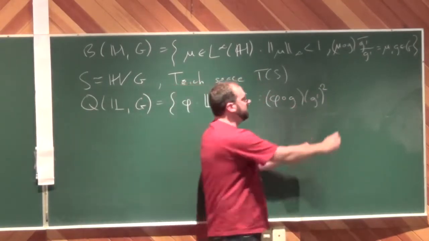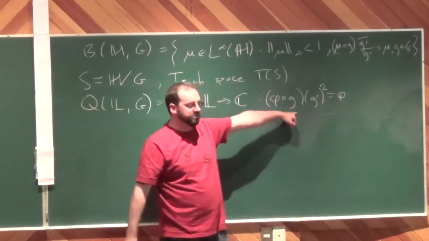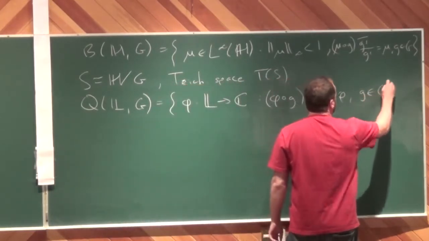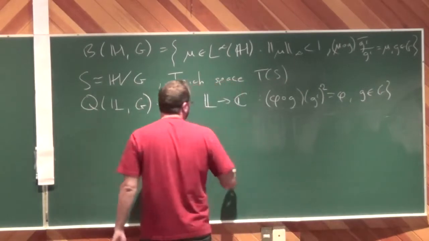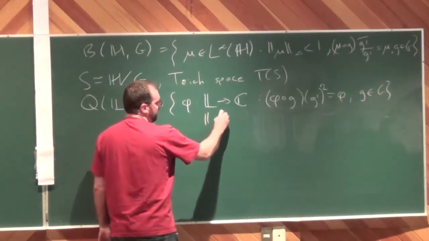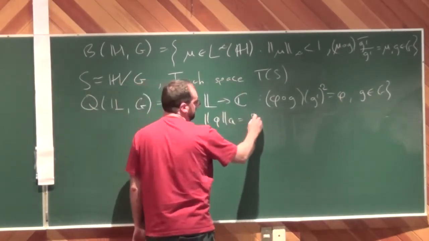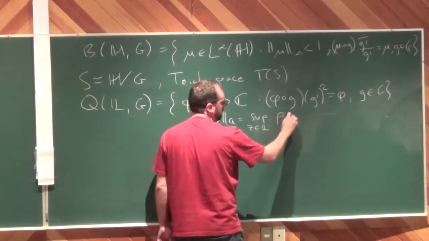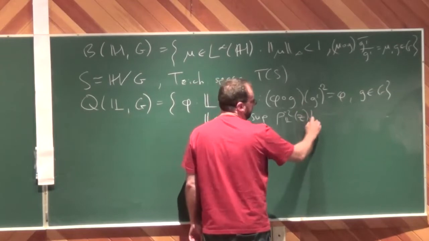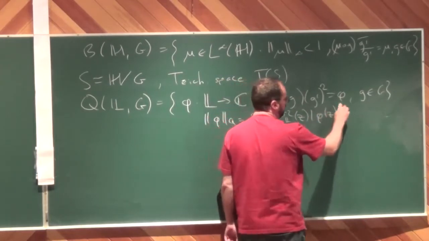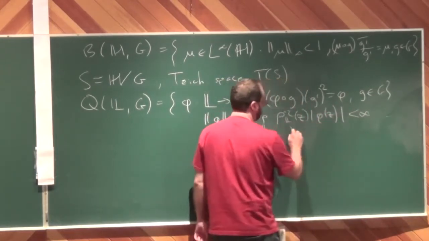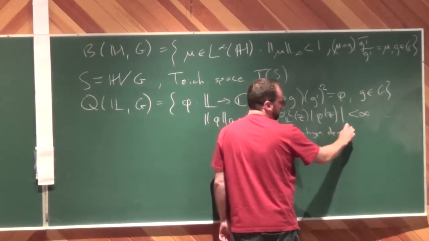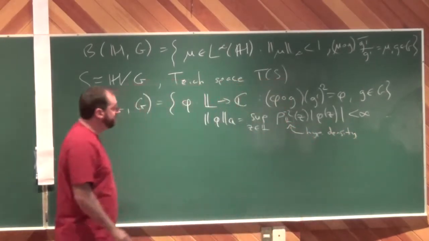This relationship means that they project to holomorphic quadratic differentials on the surface. And we also want them to have finite hyperbolic supremum norm, where rho is the hyperbolic density.